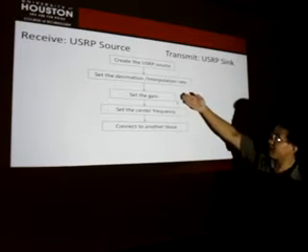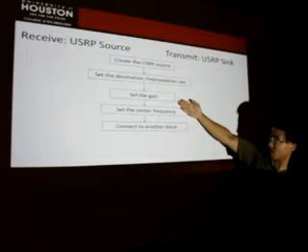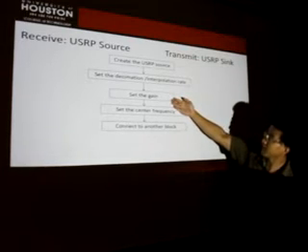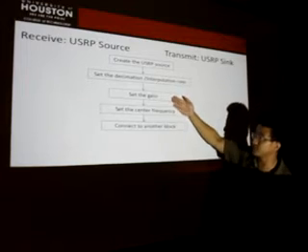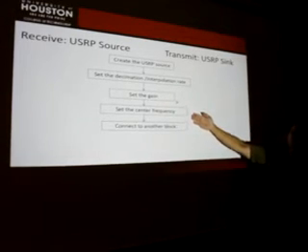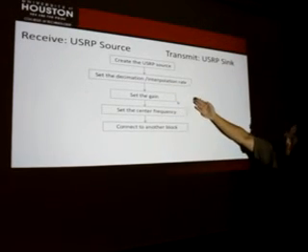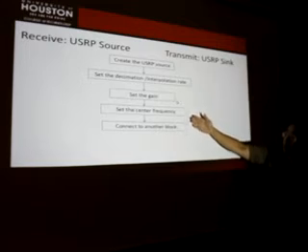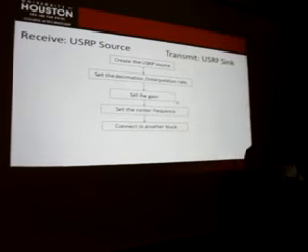And then we have to set the gain of the USRP2 or the gain of the antenna that connects to the USRP2. And also you have to set the frequency that you want to transmit the signal. And after you have all these parameters, you can connect the USRP2 with another block.